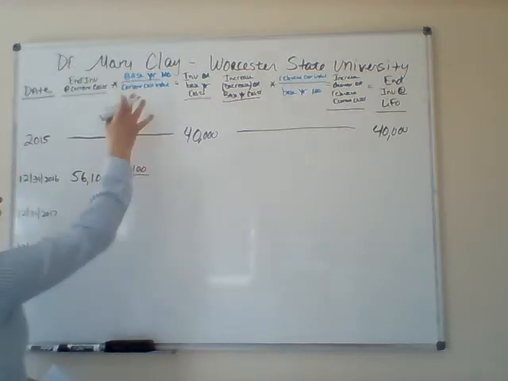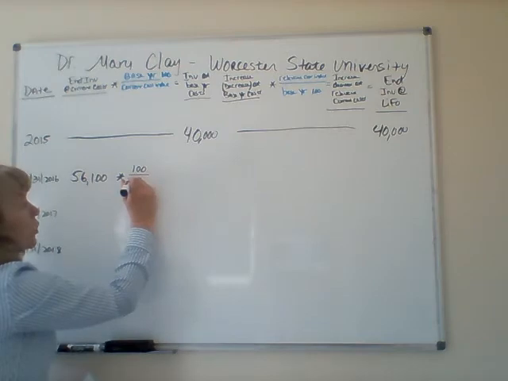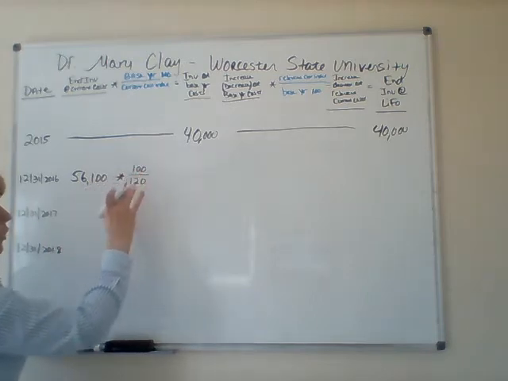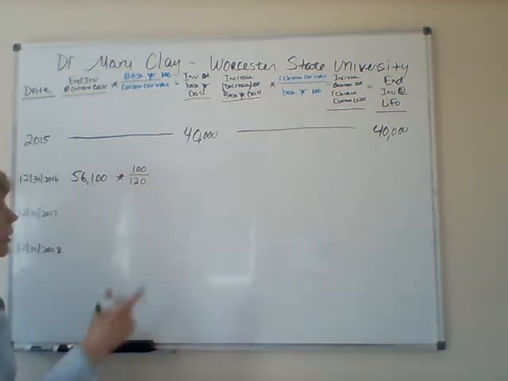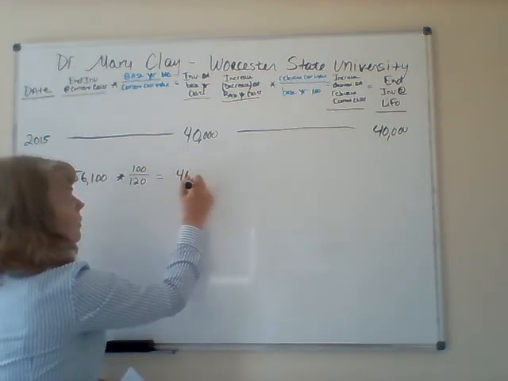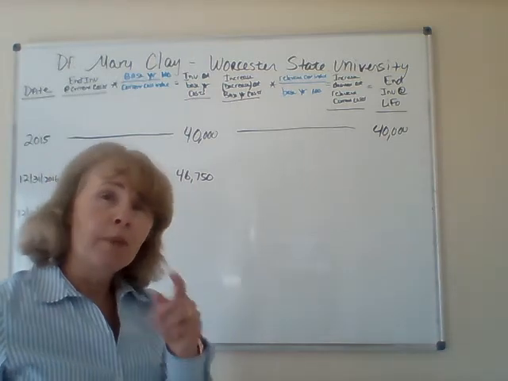I'm going to divide that by the current cost index, which is 120. Okay, so I take 56,100 times 100 divided by 120, and that equals 46,750.